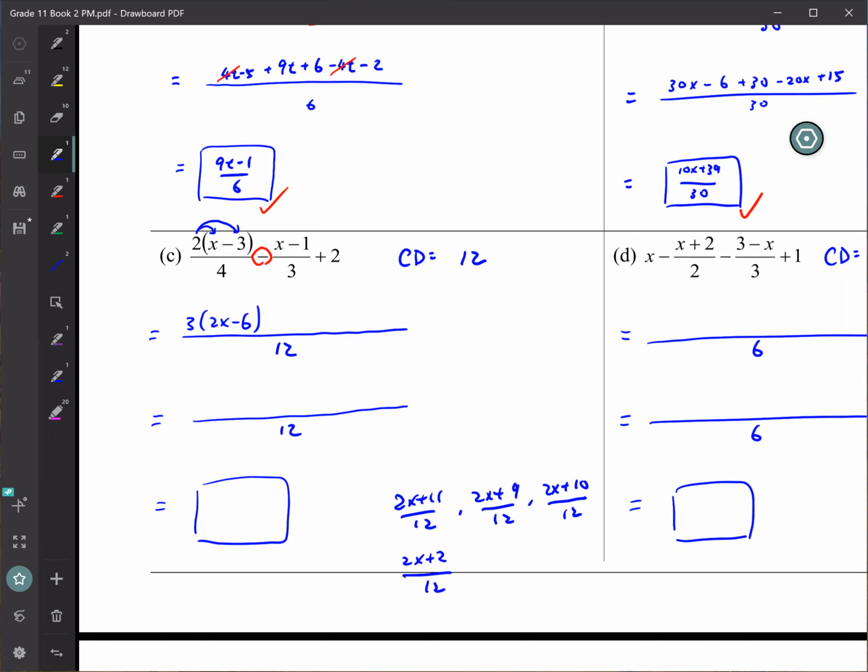And then go on. Minus 4 bracket x minus 1 bracket plus 24. Plus 24. Yes, very good. Okay, the 24 is because the 2 is the same as 2 over 1, so 1 needs to times 12. So the 2 needs to times 12, making it 24.